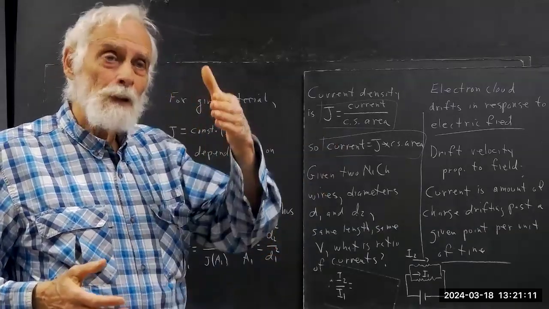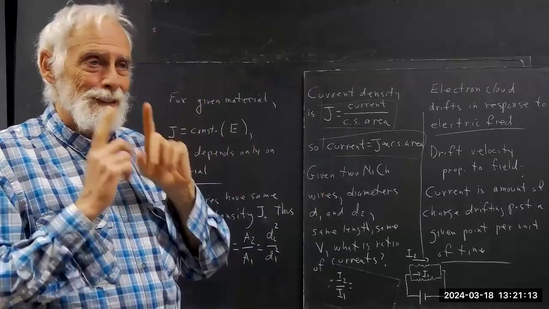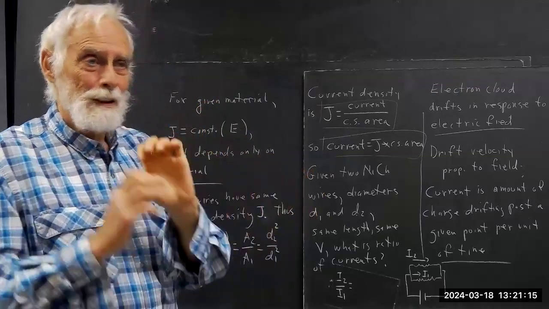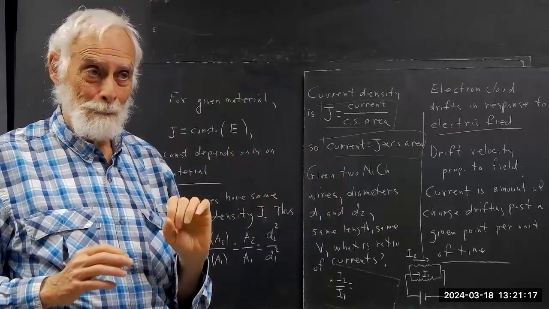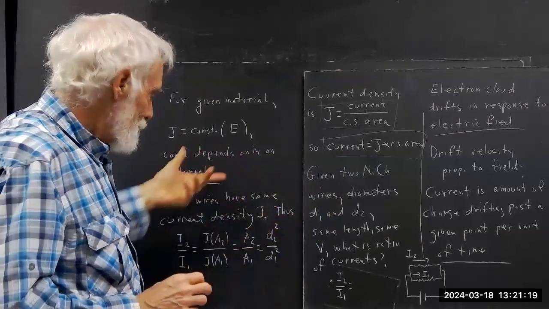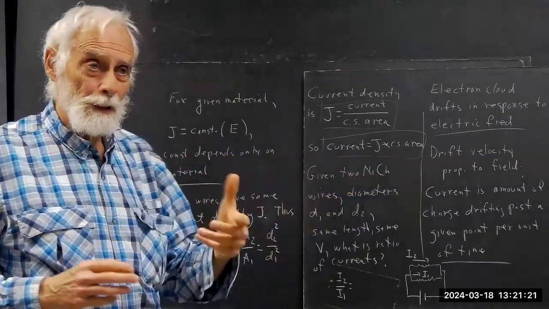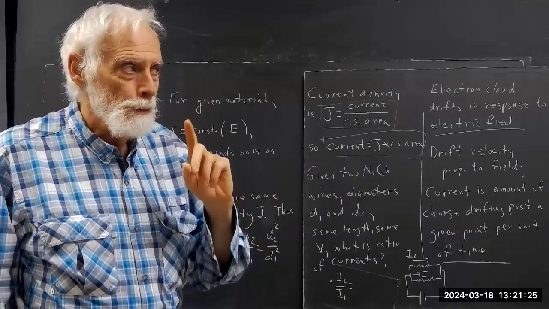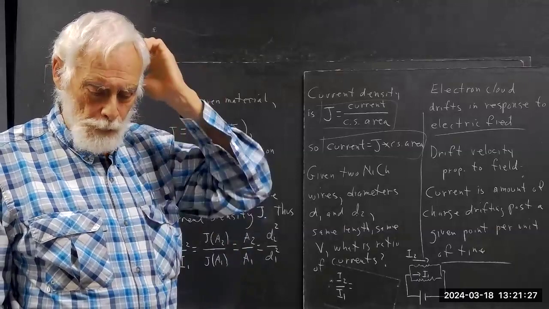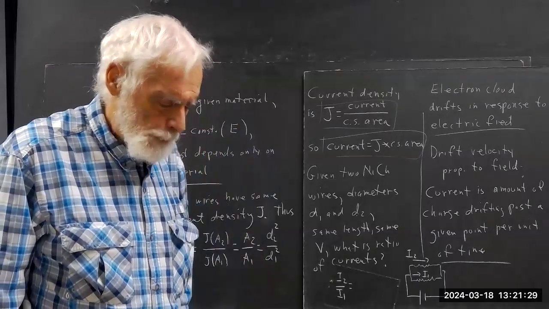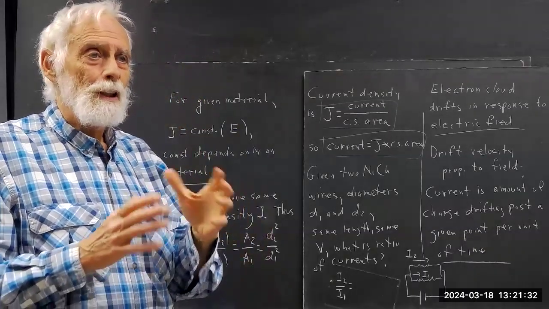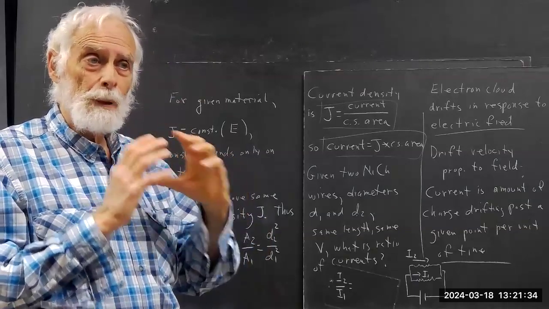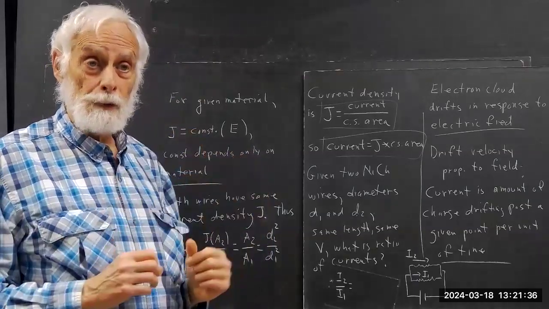Fluid doesn't flow through the boundaries of the pipe, it flows through the interior. And the electrons are not distributed on the surface, although if you know electrostatics, you know that net charge is going to be on the surface of the conductor, and I think maybe that's where the confusion is coming from.